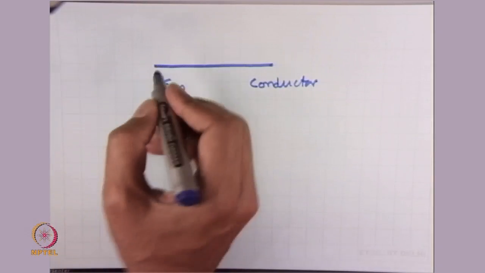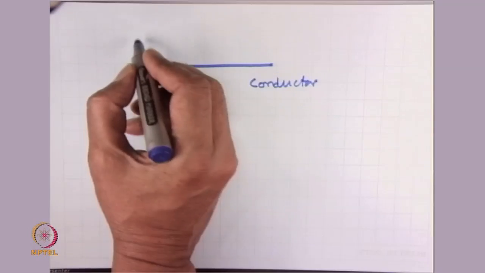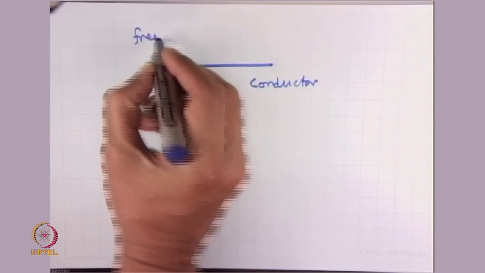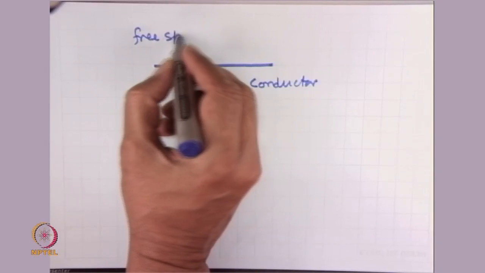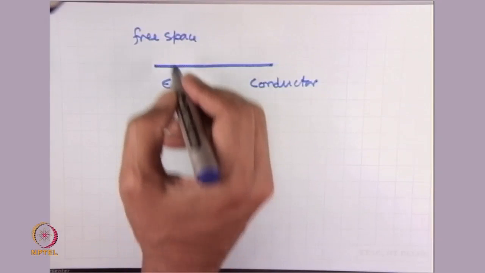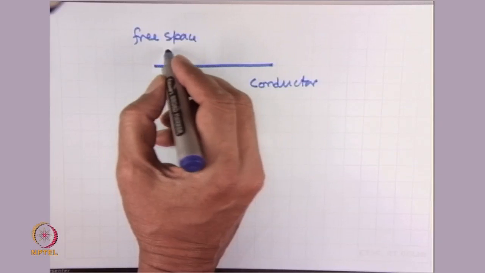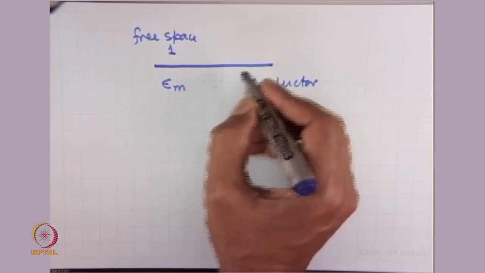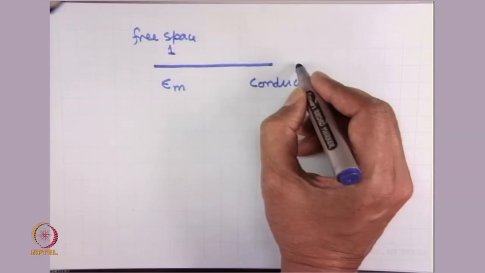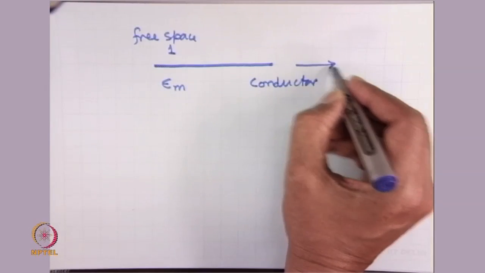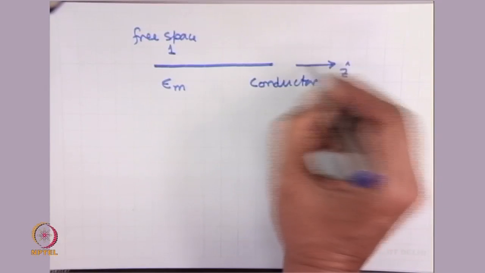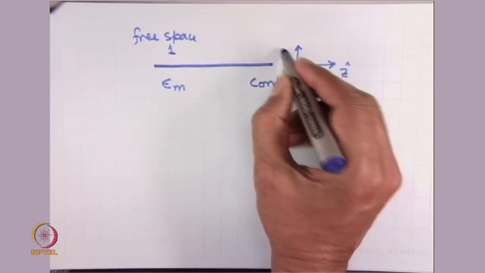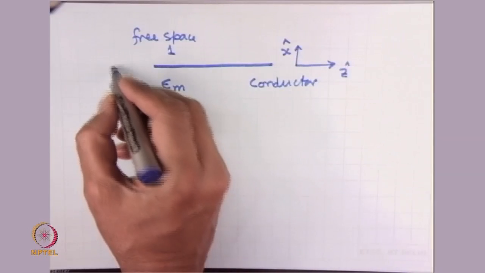And this is free space on top, and I will be characterizing this by an effective permittivity of unity. And I will be using a coordinate system with this as my z-axis and vertical direction as x-axis. This is my x equal to 0 plane.